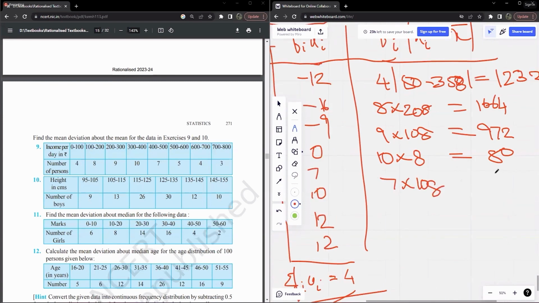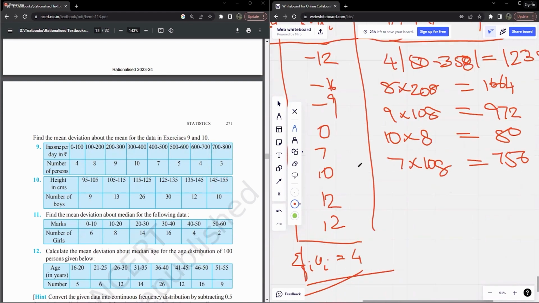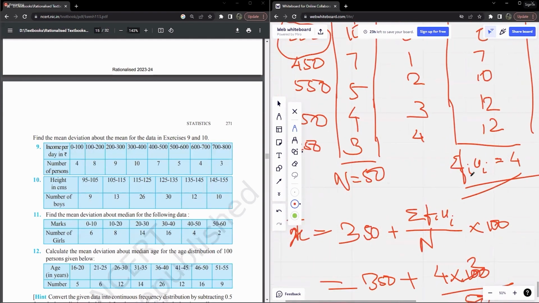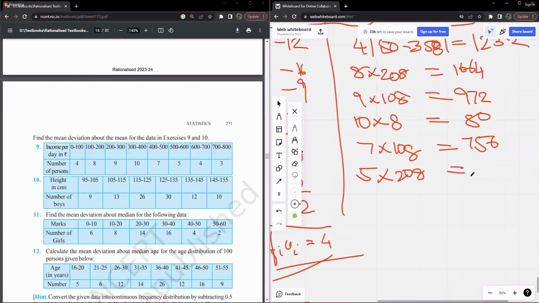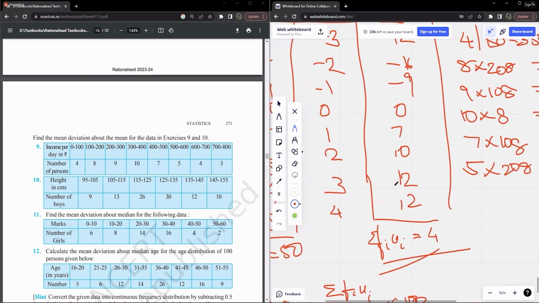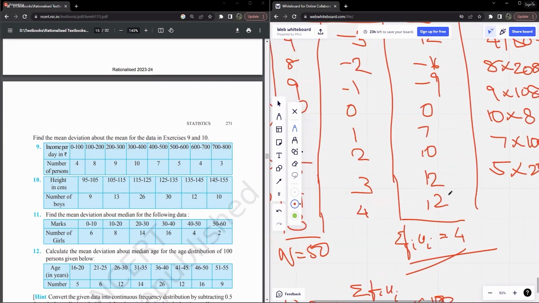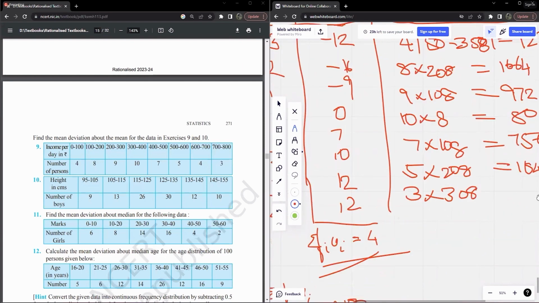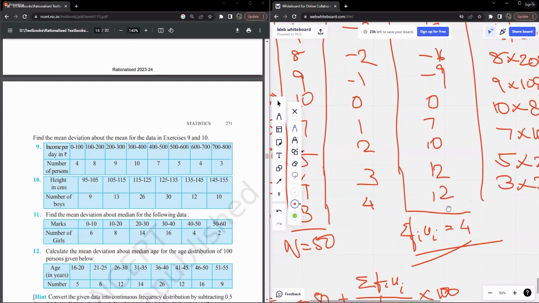That is going to be 756. Then you will have 5 times 208. 5 into 208. That is going to be 1040. Then you will have 3 times 308. 3 into 308.